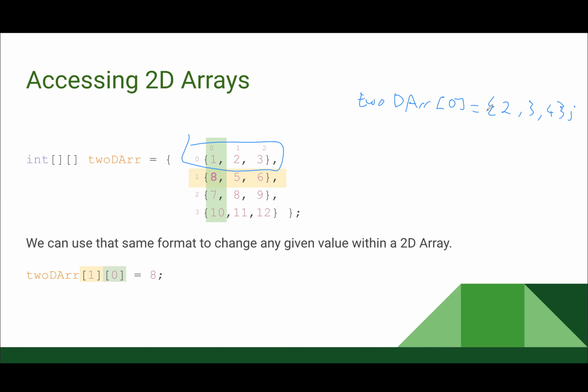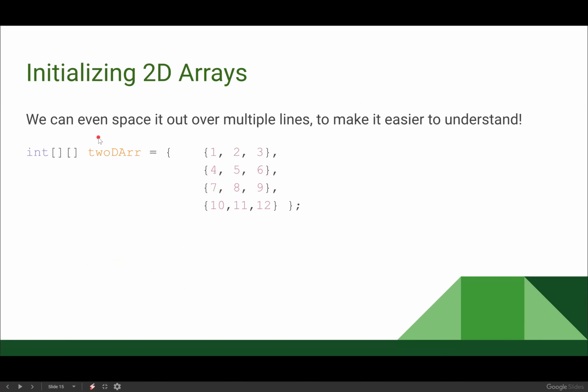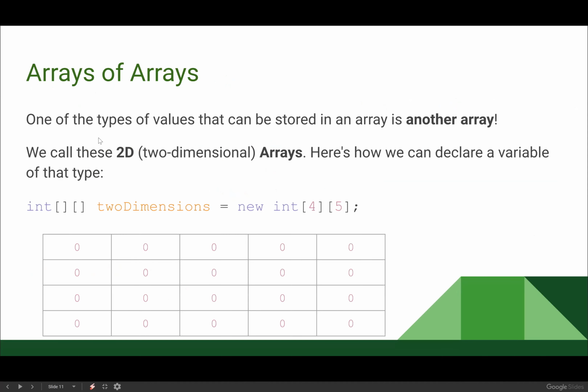All right. Any questions on 2D arrays, how they work, how to make them, how to access them, any of that fun stuff? Can you go back to declaring or initializing or whatever? This one?